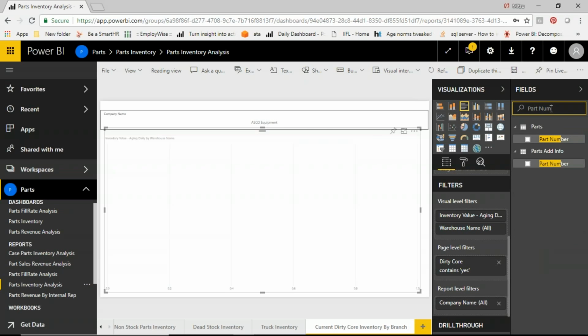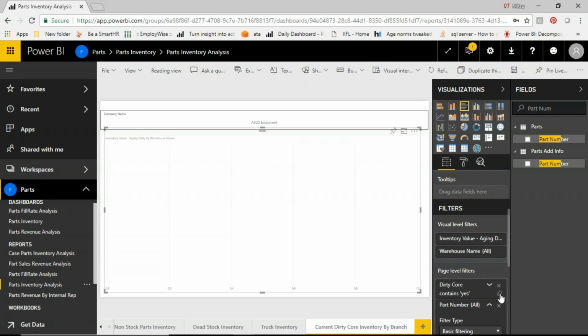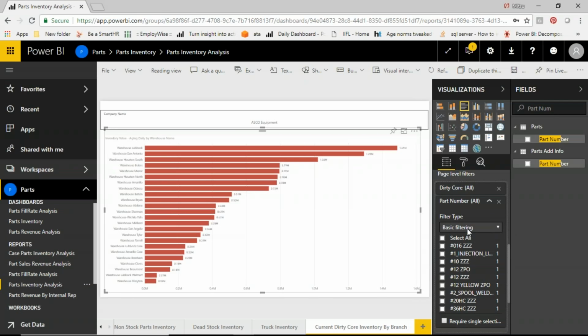And it is flagged as a dirty core. You can see that Alpha Charlie 187873.